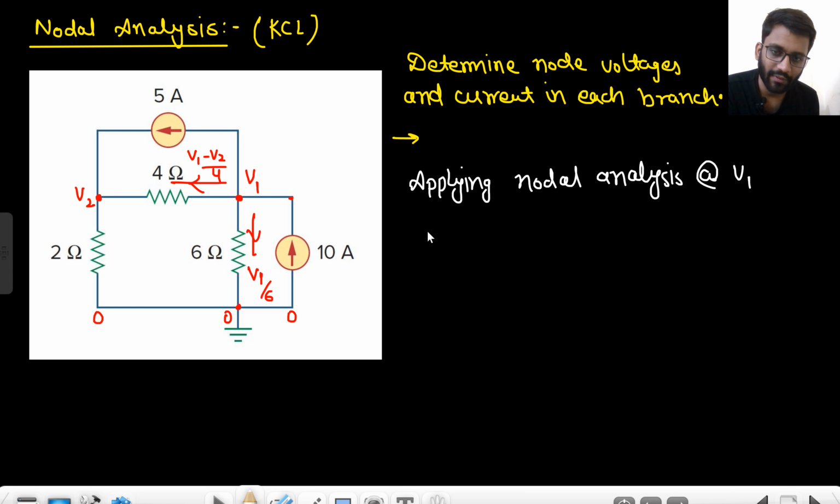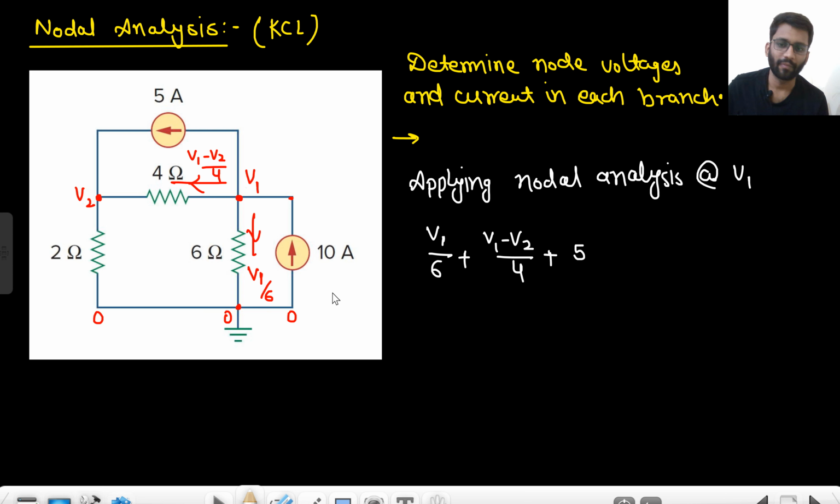The first current we can see is V1 by 6, that is outgoing, plus this current is also outgoing, V1 minus V2 by 4, plus the 5 ampere current is also outgoing, 5. The 10 ampere current is incoming, right?